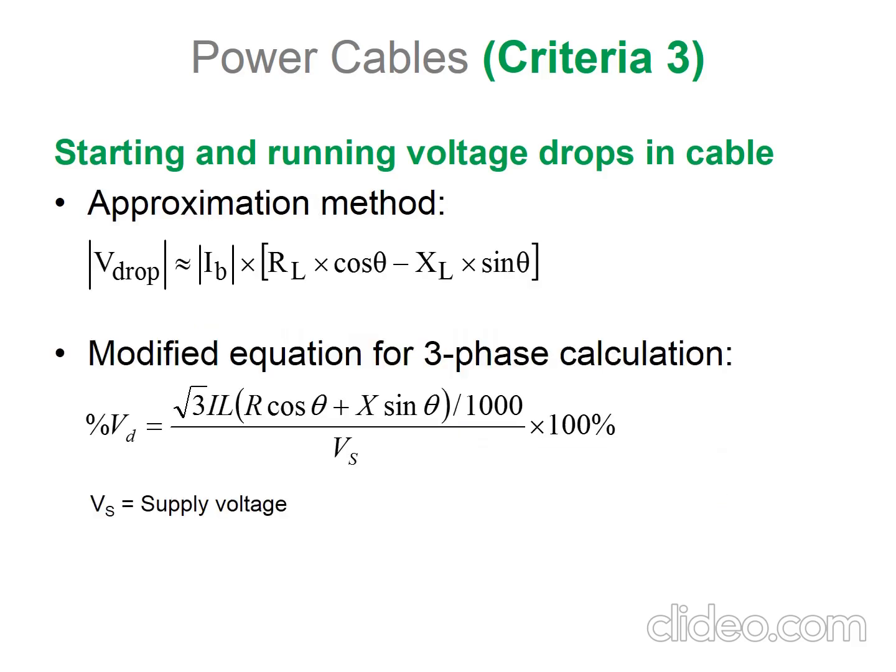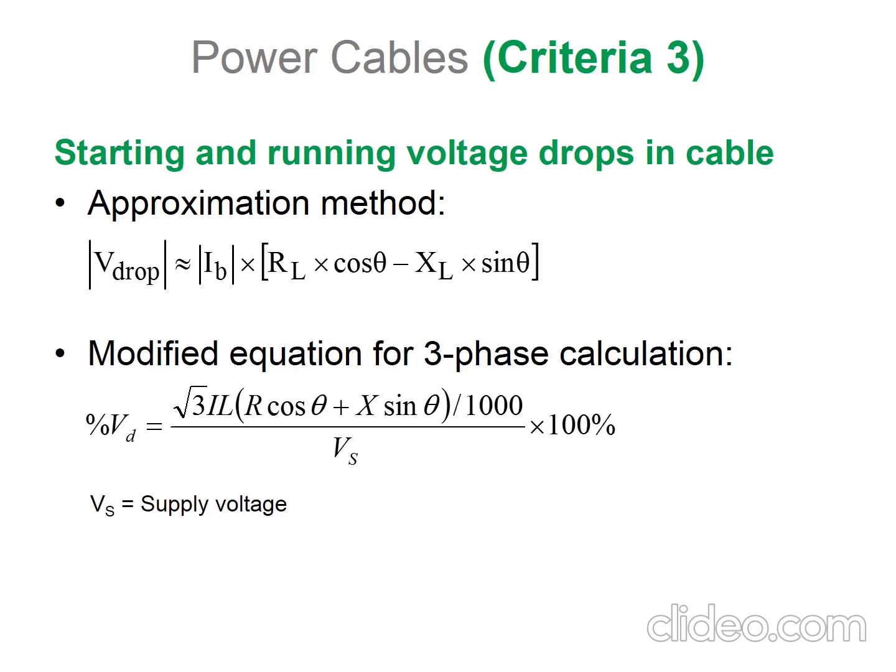Next we have to calculate the voltage drop using an approximation method. This is the equation for voltage drop, which you already learned in the utilization course under voltage drop.